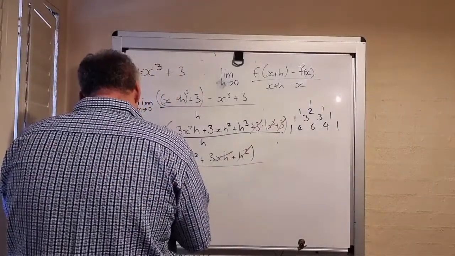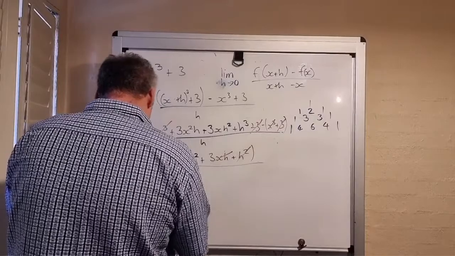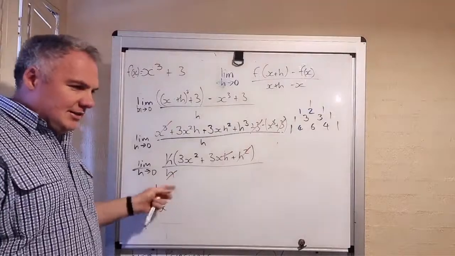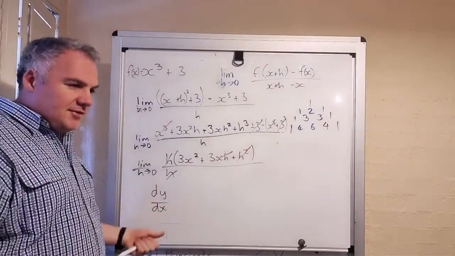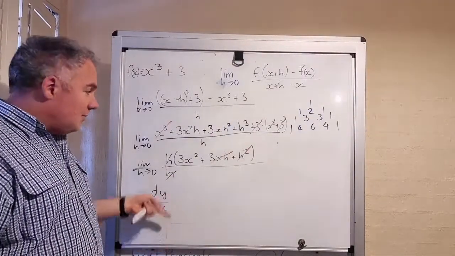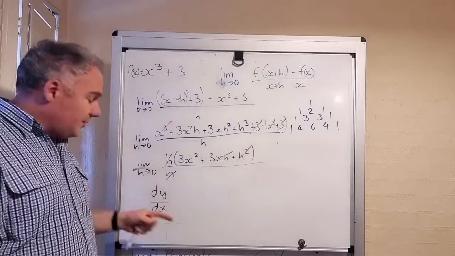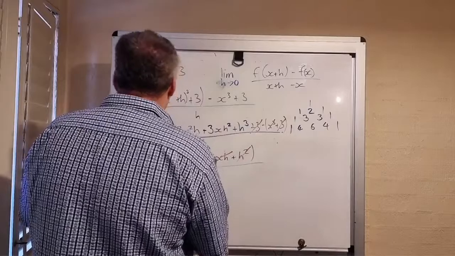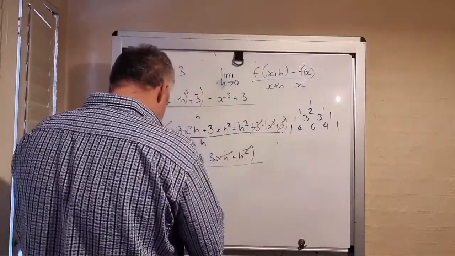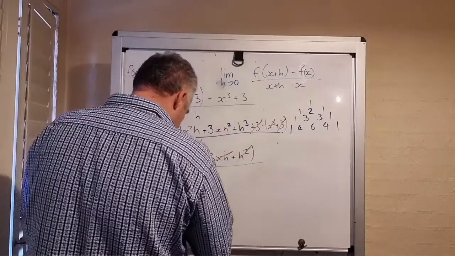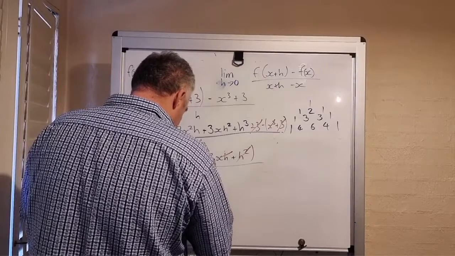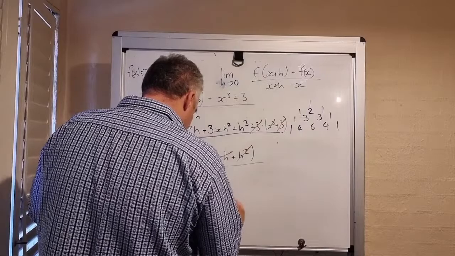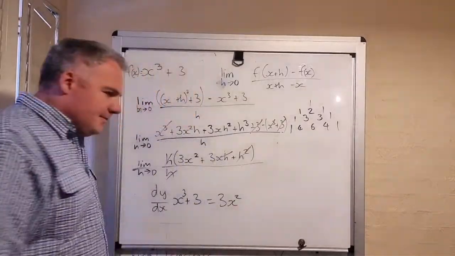The derivative, dy dx, this symbol here, or set of symbols, means find the first derivative of. And at the moment we're using first principles to do that job of x cubed plus 3, and that equals 3x squared.